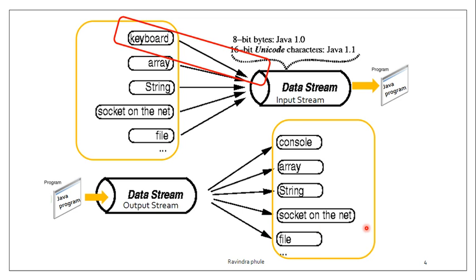The destination may be anything. The movement of data from the Java program towards any destination like the console or an array is nothing but an output stream. In this tutorial we are mainly concentrating on the output stream as the console.